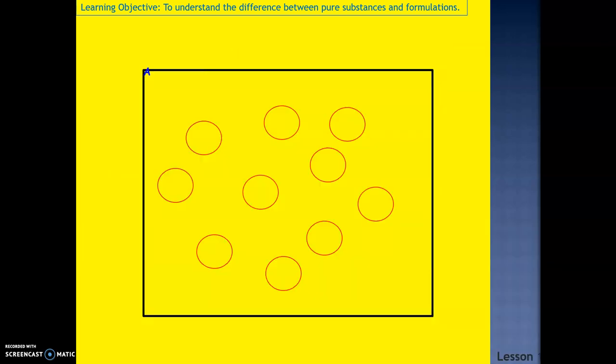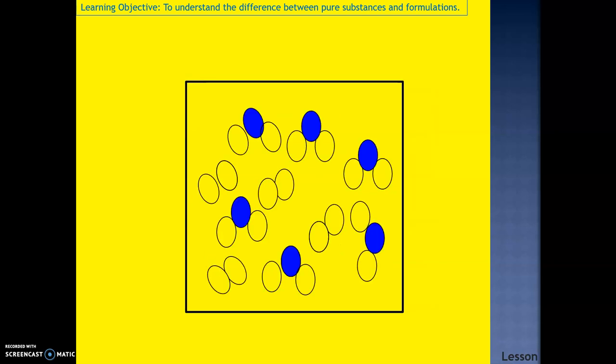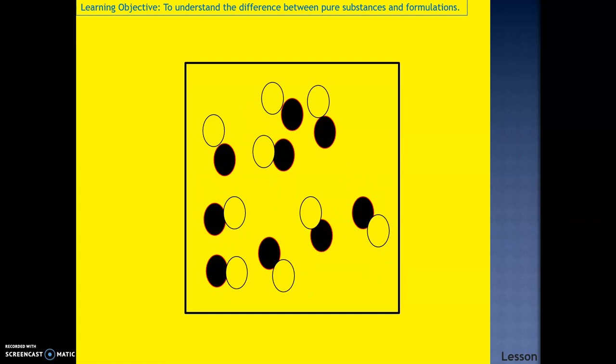Okay, so for example here, this is a pure element because it's all one type of atom. We have a mixture here because you have different compounds and a mixture of some elements as well. So this is not pure, this is a mixture.